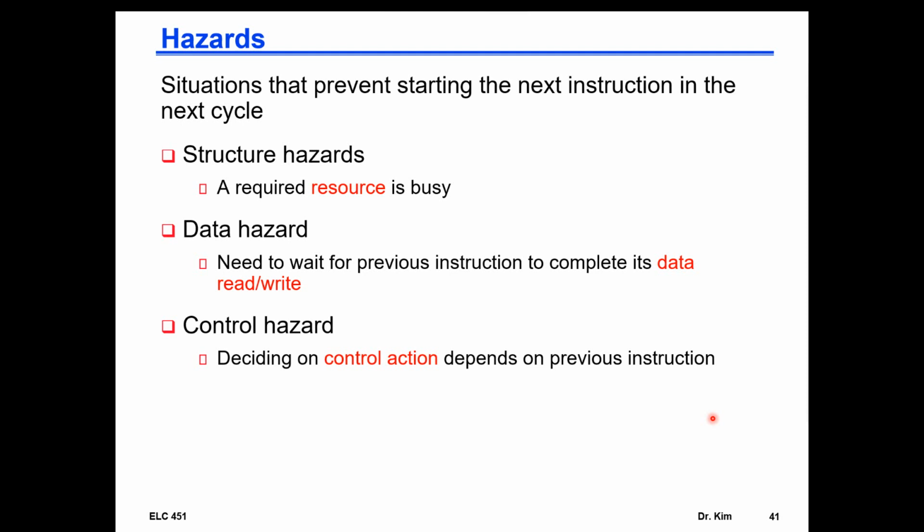If you do need to wait, then you need to introduce a bubble cycle in the pipeline, a dummy microstep or dummy clock cycle. You need to generate control for that action of the pipeline, which is called a stall.